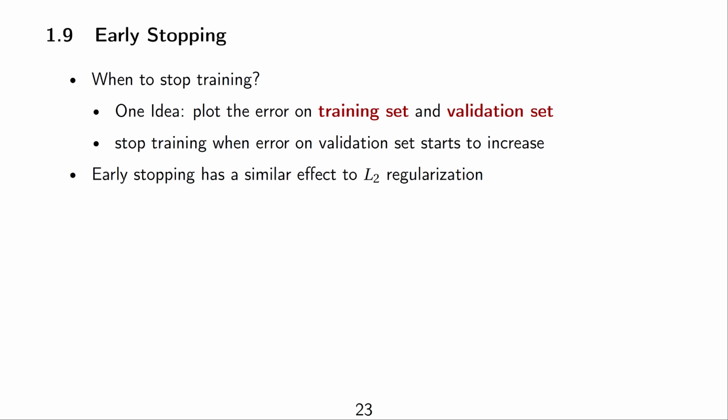Early stopping is a technique that is also often considered a regularization technique. So the question is when to stop training. One idea is to plot the error on the training set and on the validation set, and you stop training when the error on the validation set starts to increase.